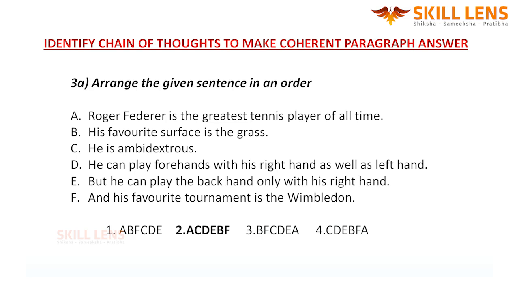We need to determine which will be the sentence that follows after, and we have decided that it should be C. The reason being, the mandatory pairing applied here is noun followed by a pronoun. Roger Federer is a proper noun. He is a pronoun that is appropriate to use after Roger Federer.